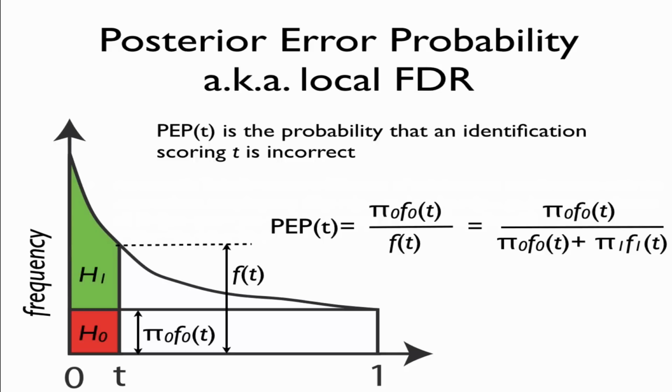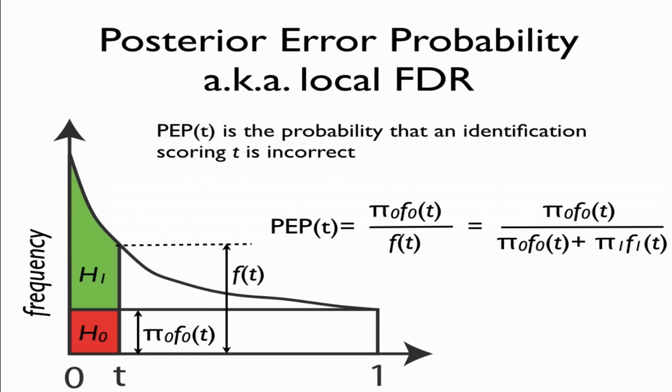Remember, before, when we were defining the false discovery rate, we were comparing this green area here above the threshold. In the graph below here, we used the red area of the null hypothesis and related that to the summed area of the green and the red area. That was our false discovery rate.